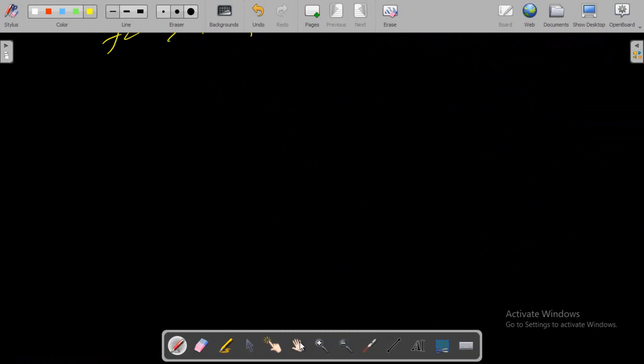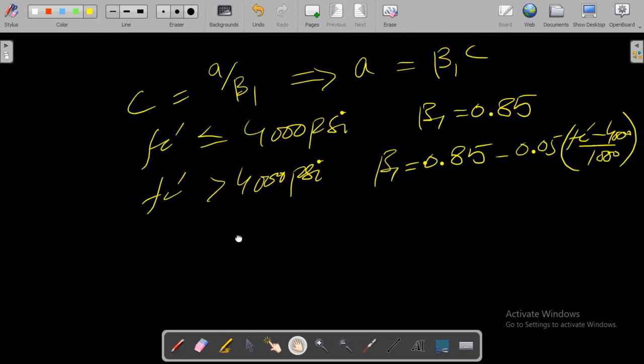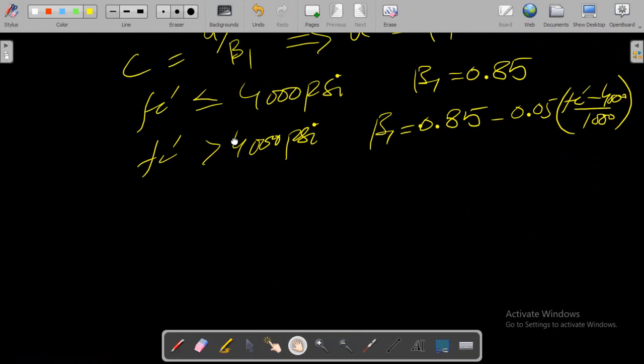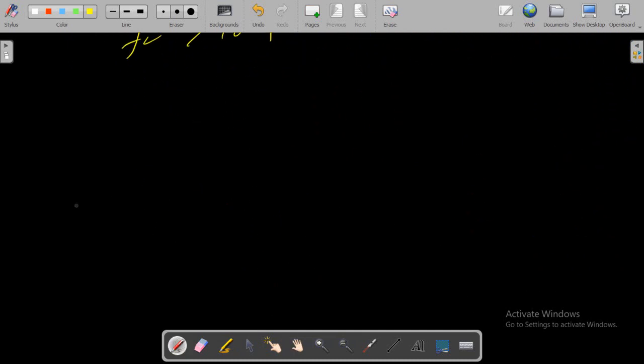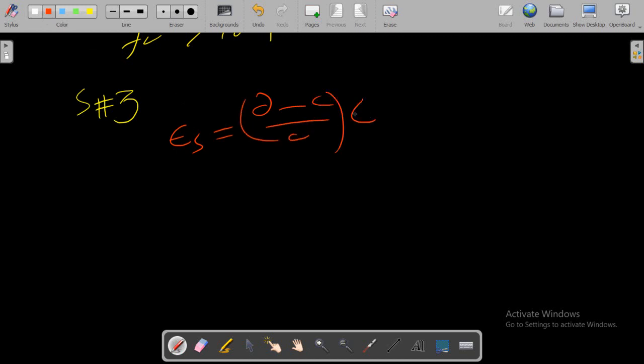After finding the values of a and c, we will check whether that assumption is right or wrong. So this is step number 3. In step number 3, we find the strain in steel, epsilon s. From proportionality we derived the equation (d minus c) divided by c into epsilon u.